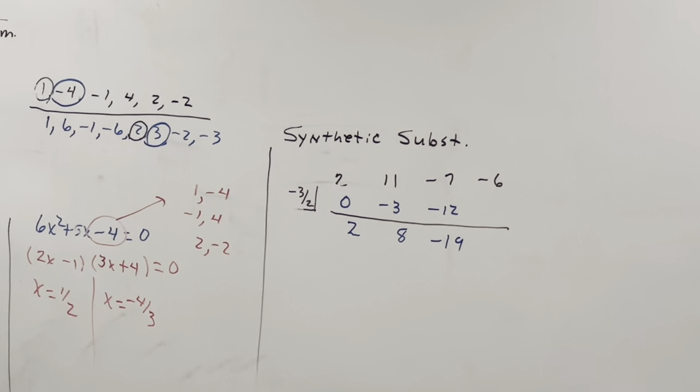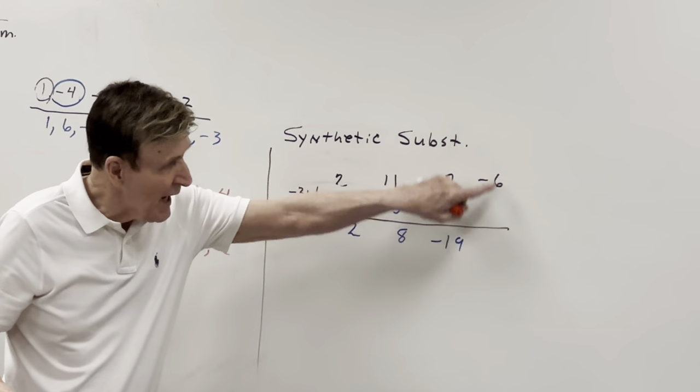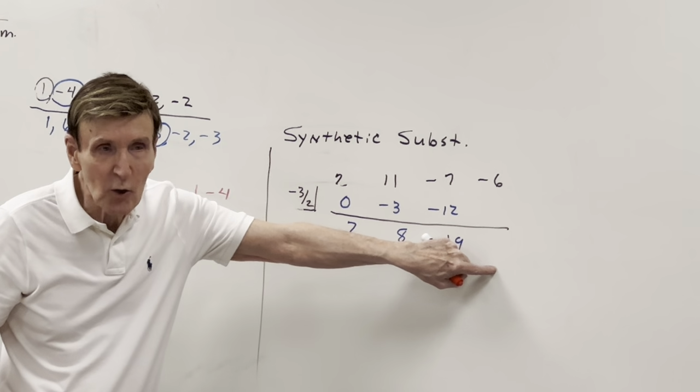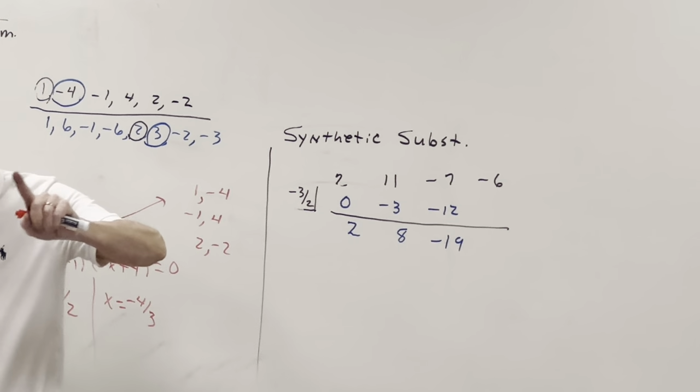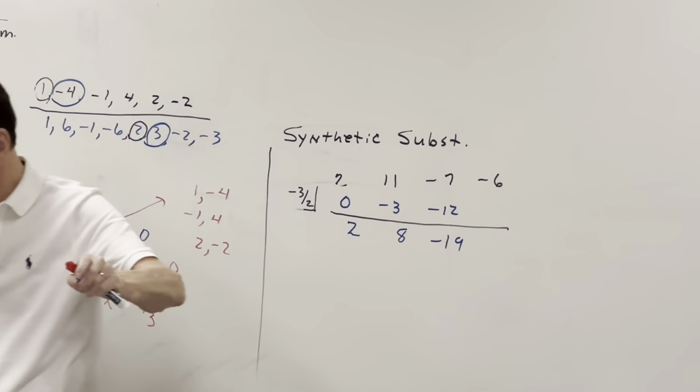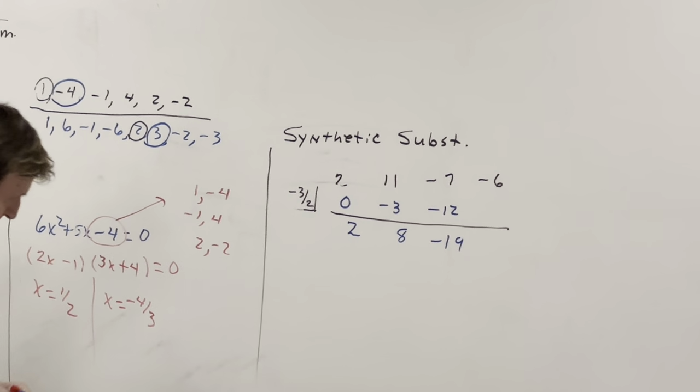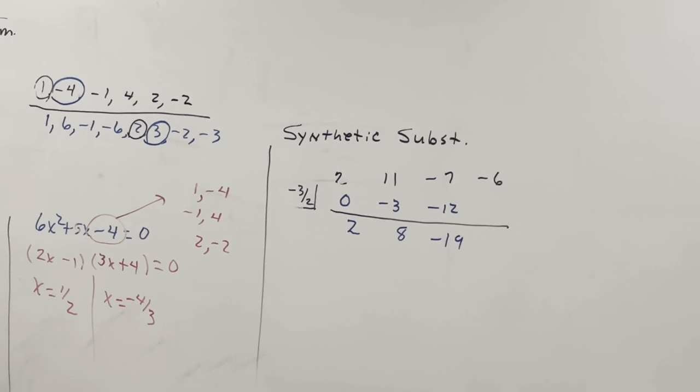It's awkward. There's no way I'm gonna finally add them up and hopefully end with 0, which means it worked. As soon as you see that awkwardness coming in, it's not gonna work, forget it. So, Gia, negative 3 halves is not one of the answers.